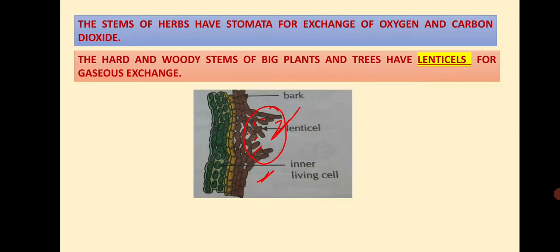Clear? And at the same time respiration also occurs. So plants take in both carbon dioxide and oxygen during the day. Plants take carbon dioxide for photosynthesis and oxygen for respiration during the daytime.